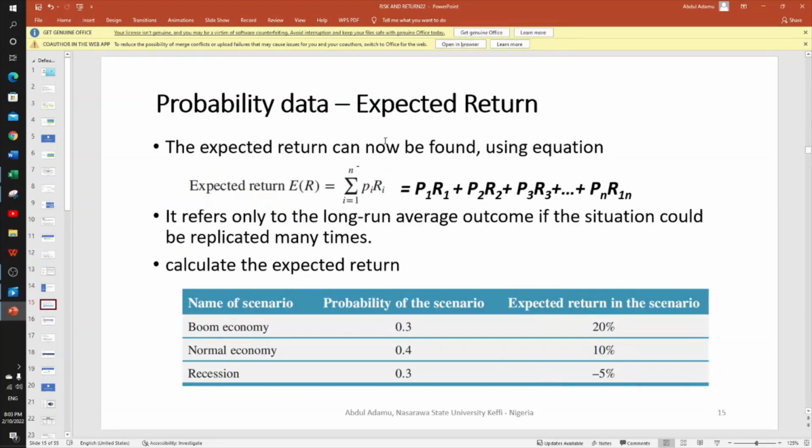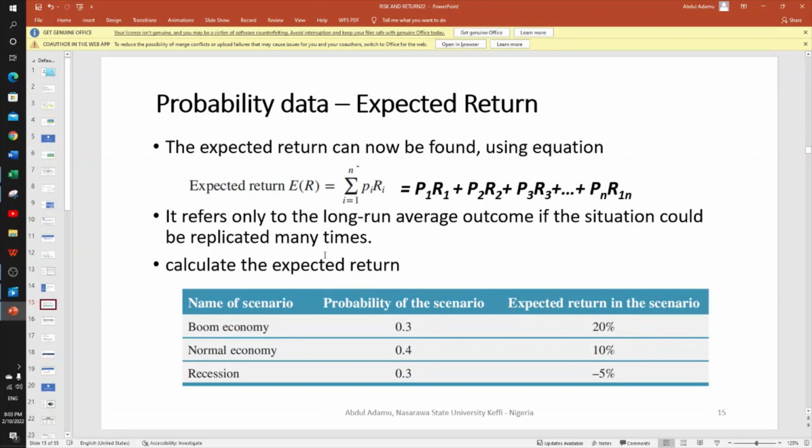So for probability data, assuming we have this scenario, we have boom economy, normal economy, and the probability that we have boom is 30%, normal is 40%, recession is 30%, and these are expected return. Here we are talking about expected return, that is that we may get in the future.